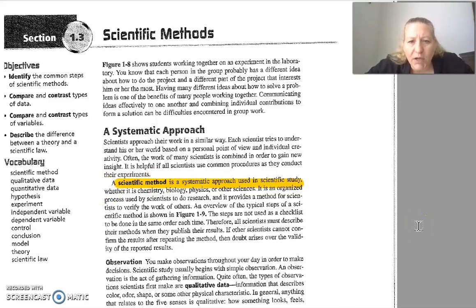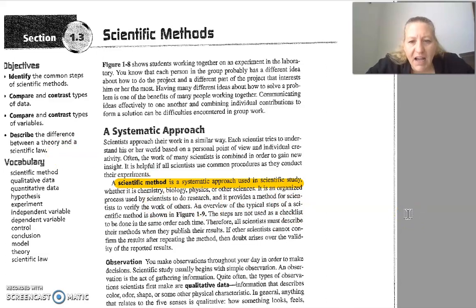It is an organized process by which scientists do the research, and it provides a method for scientists to verify the work of others. You should be recording that down as your vocabulary word.